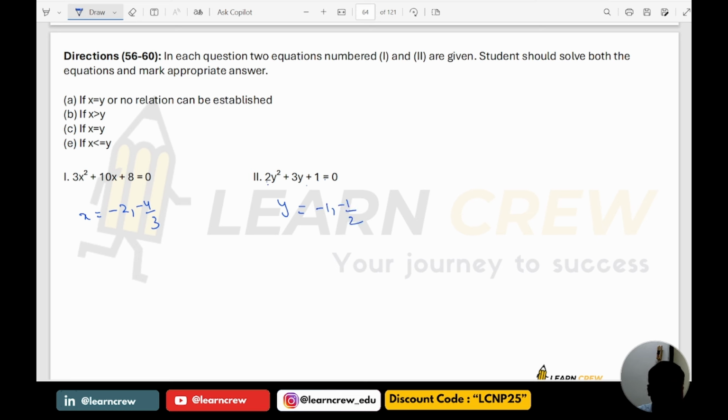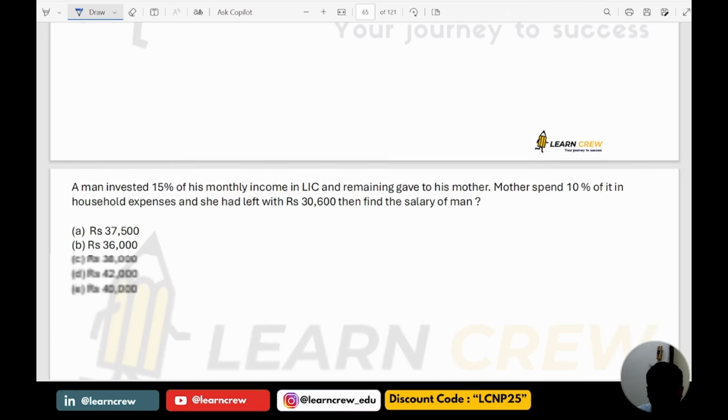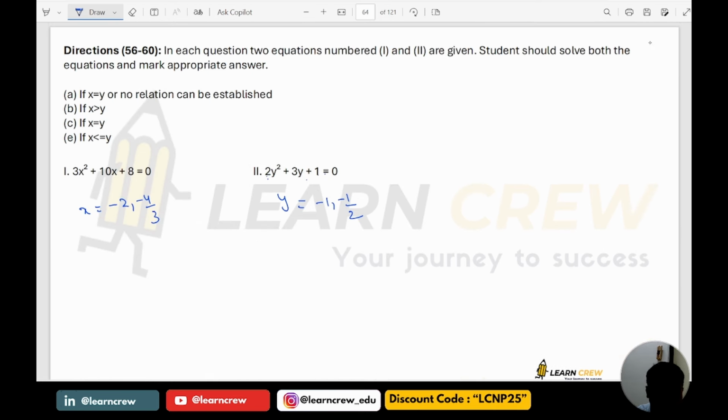So what can you say here? Am I correct here? x is minus 2, comma minus 4 by 3. So definitely x is less than y. Minus 2 is less than minus 1, minus 4 by 3 is less than minus 1, and these two are also less than minus 1 by 2.